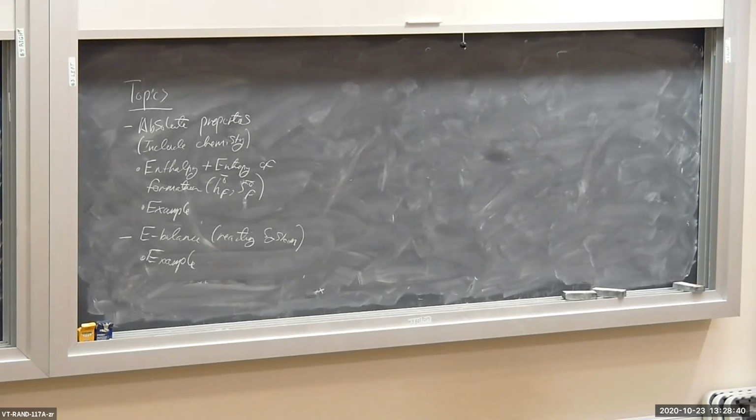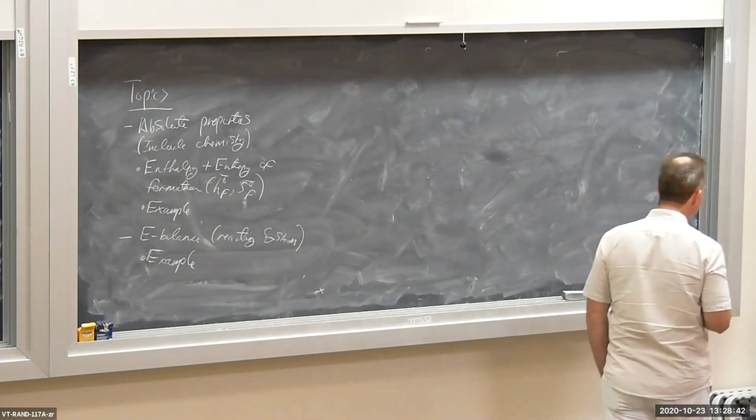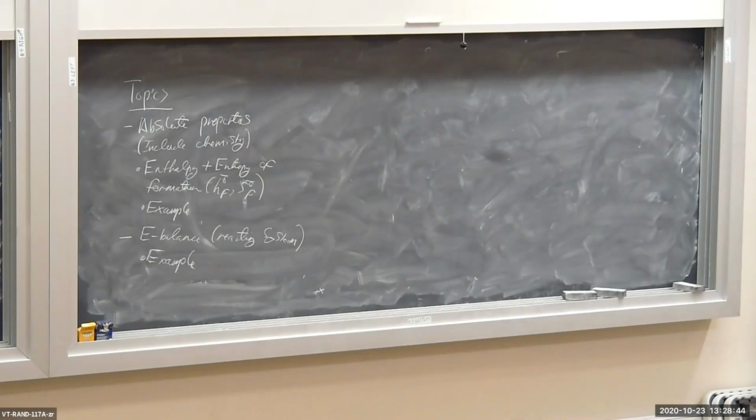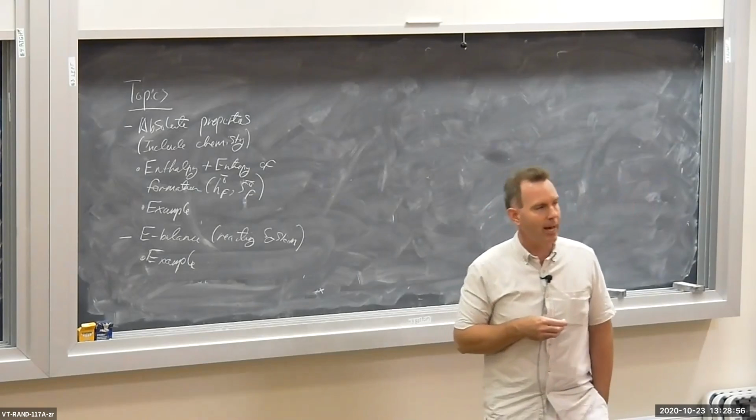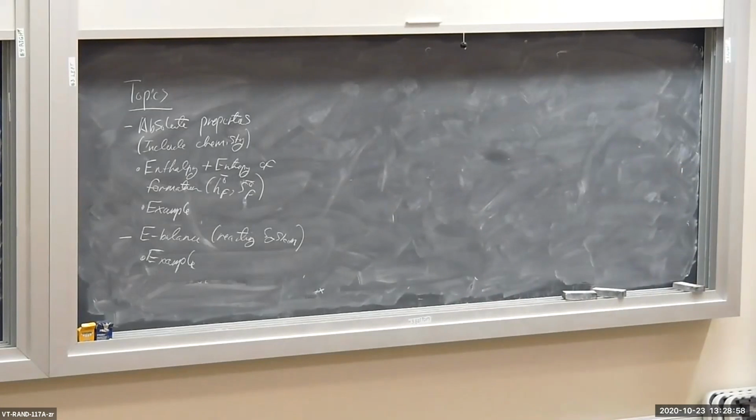So we're going to fix that today by showing you how to include the effects of chemistry in your property values. We're going to do a problem where we calculate the absolute enthalpy and the absolute entropy associated with a gas at a certain temperature and pressure. We'll actually get the enthalpy and entropy, including the effects of the chemistry.